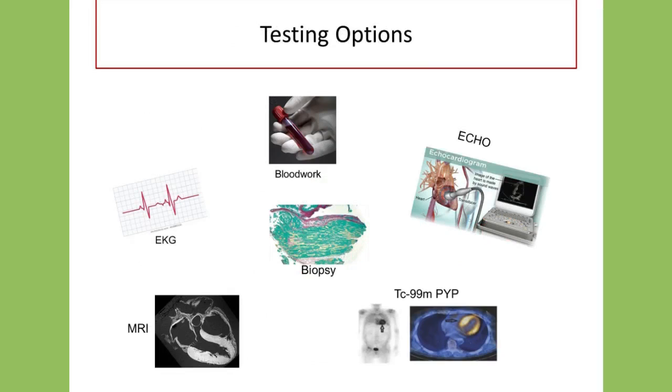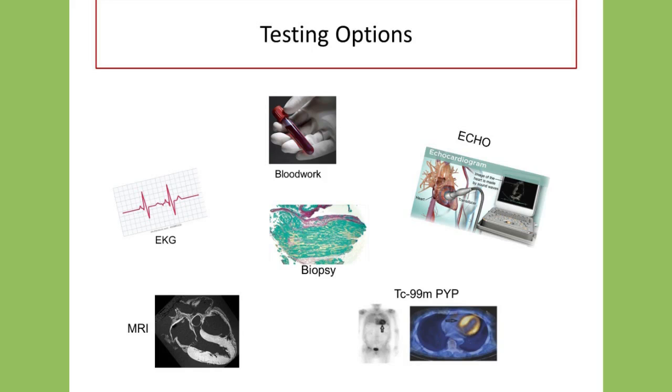As I mentioned, there are a variety of testing options, and as the field moves forward, understanding which testing options are better in what patient populations is finally starting to come to light. But some combination of all these tests, we know now, is very important to assist with not only the diagnosis of cardiac amyloidosis, but the type of amyloid will actually drive treatment, so understanding the type becomes extremely important.